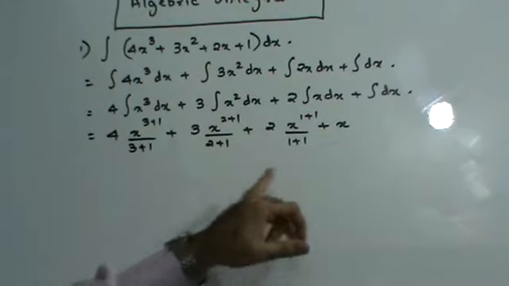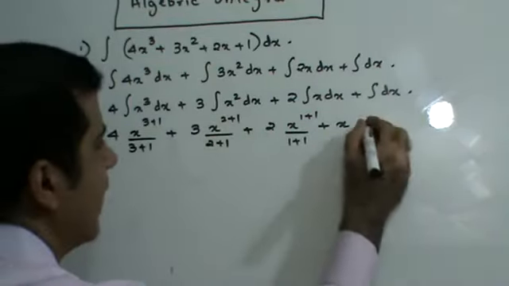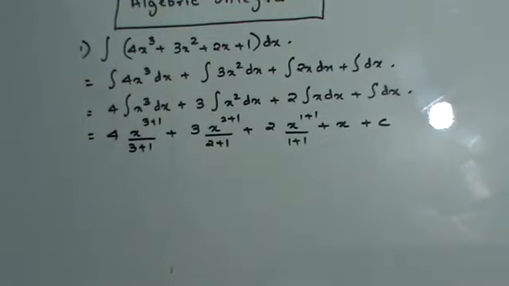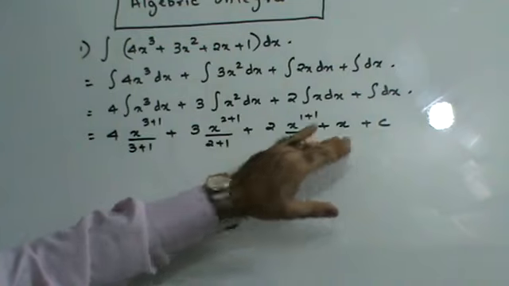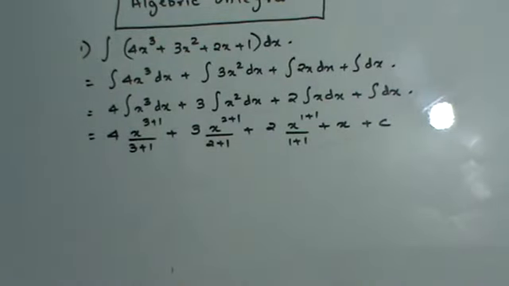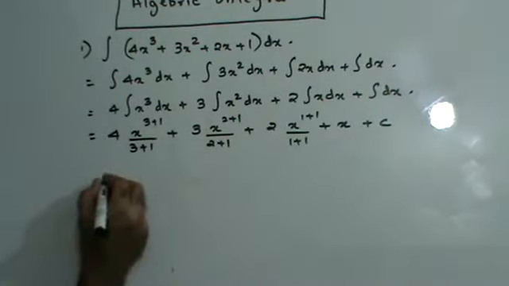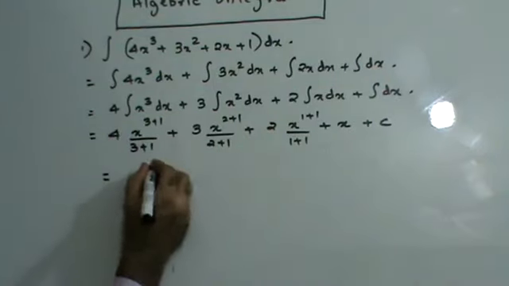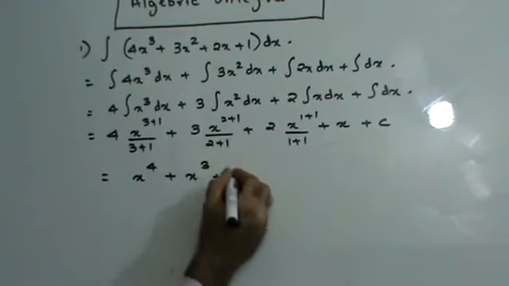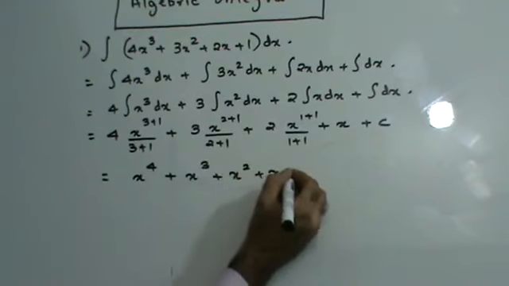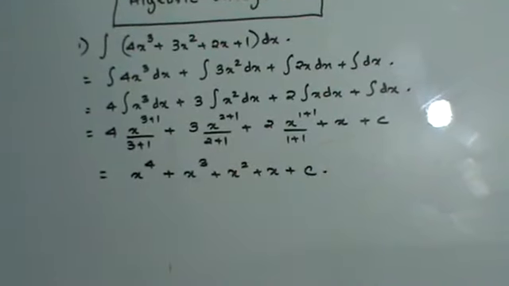Instead of writing c multiple times, we write the integration constant only once. Instead of writing c four times, you will write it only one time. So this is going to be 4 upon 4 cancel. So this is x raised to 4 plus x cube plus x square plus x plus c. That will be the answer.